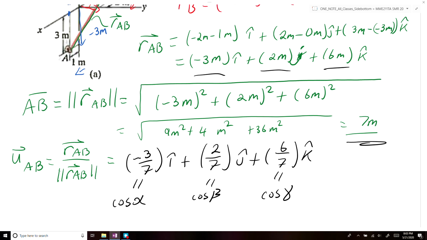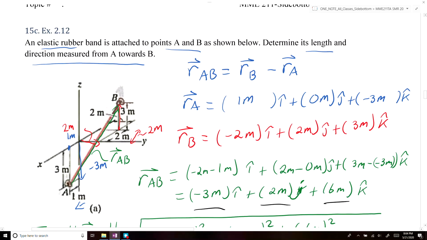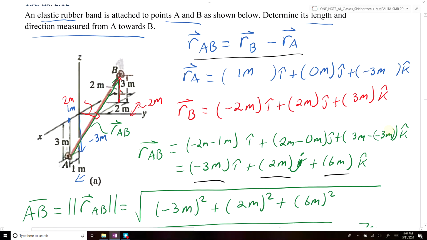All right, so last thing here, just to recap, to determine our position vector RAB, we first had to determine the coordinates RA and RB. Then we took the difference by subtracting the starting point of our vector from the endpoint of our vector.